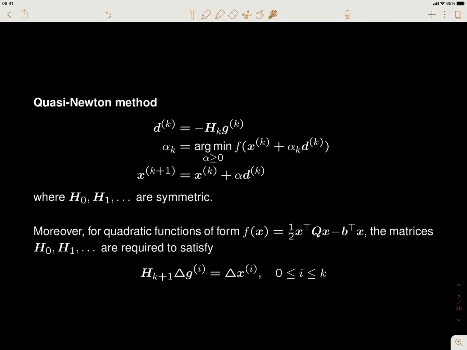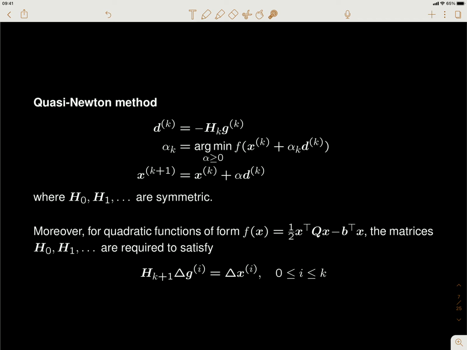Okay, so in summary of what we have done so far, the Quasi-Newton's method will set the search direction dk to Hk times the negative gradient. So the Hk is something that we try to determine for the Quasi-Newton method. And once we have this, we can do a line search, just like in the gradient descent method or the conjugate gradient method applied to non-quadratic functions.